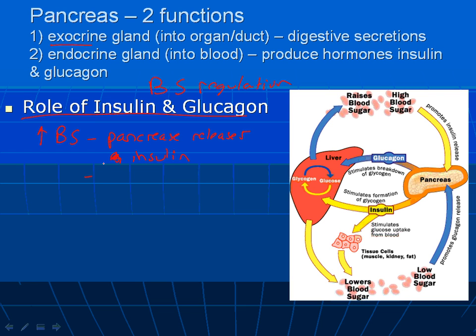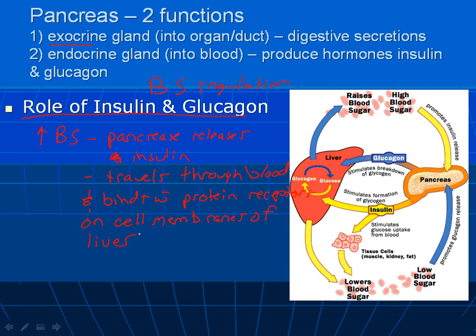And what insulin does is it travels through blood, and it binds with protein receptors on the cell membranes of the liver.